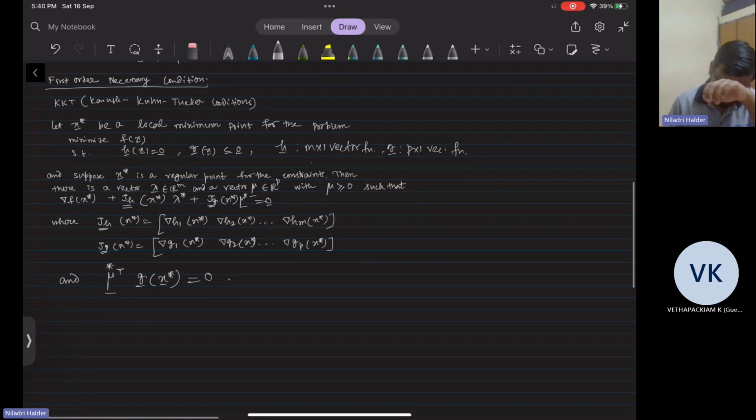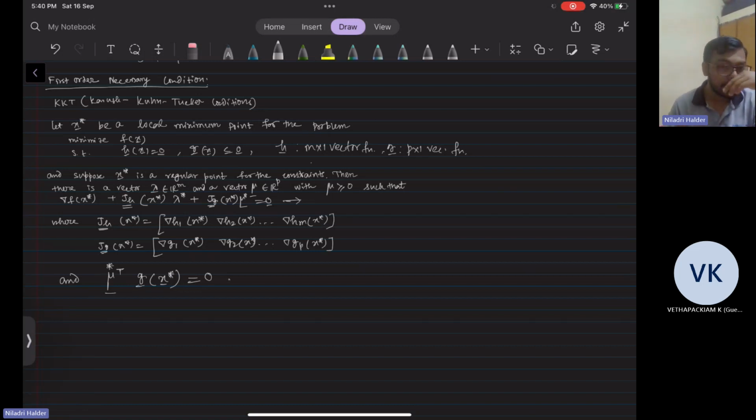For this optimization problem, suppose x star is a local minimum point. First of all, we need to check the regularity. If x star is regular, then we can use this formula.